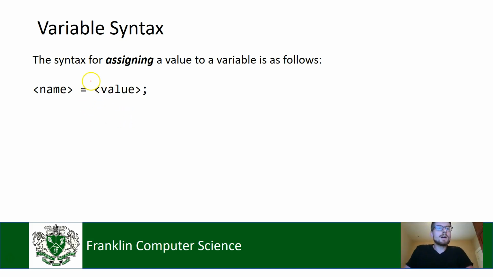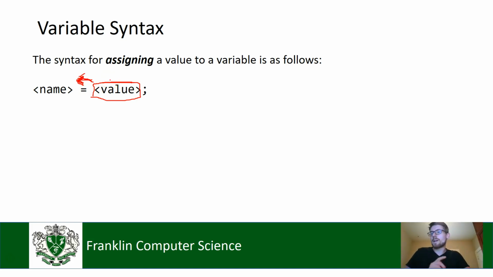And this is a different kind of equals from how you see them in math classes. This equals symbol has a direction. It takes whatever's on the right, this value over here, and stores it in the thing on the left. So it is not an equals like math class.